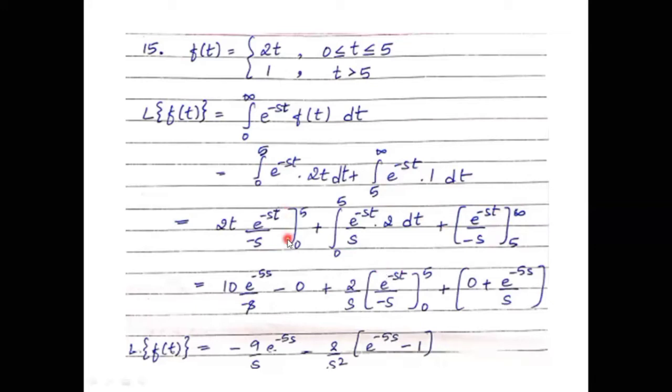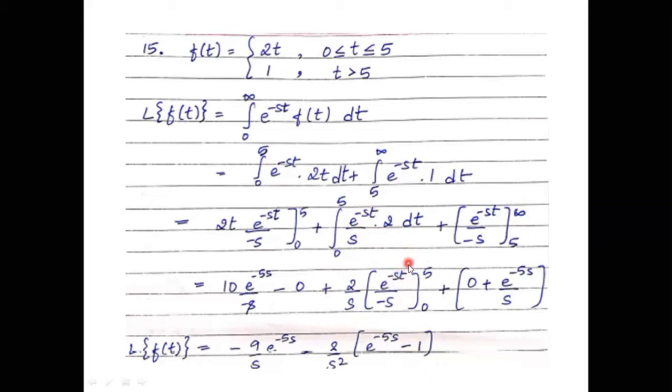And here when you apply the limits, the upper limit is 10, 2 5s are 10, e power minus 5s divided by minus s, and the lower limit here is 0. When you apply 0 to this t, that will be 0. And here when you integrate, actually this 2 by s is constant, I've taken that outside, and when you integrate this e power minus st, you will get e power minus st by minus s.